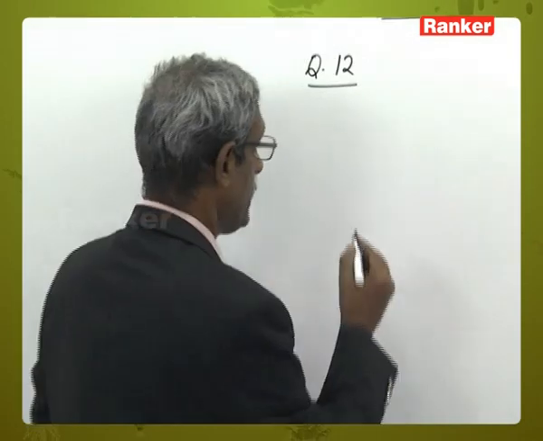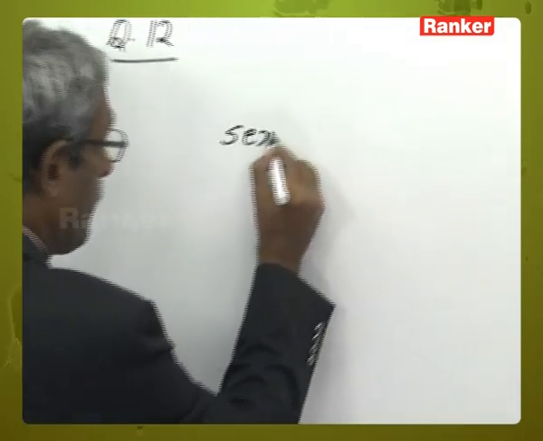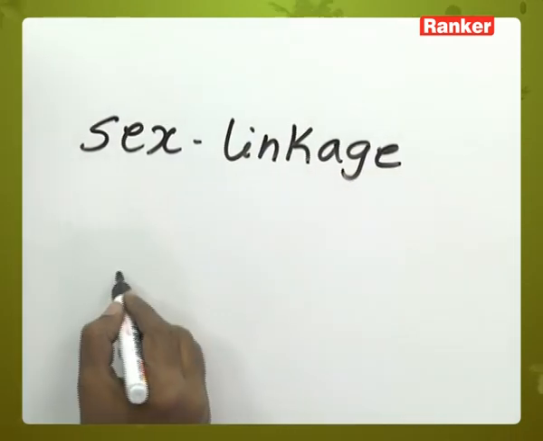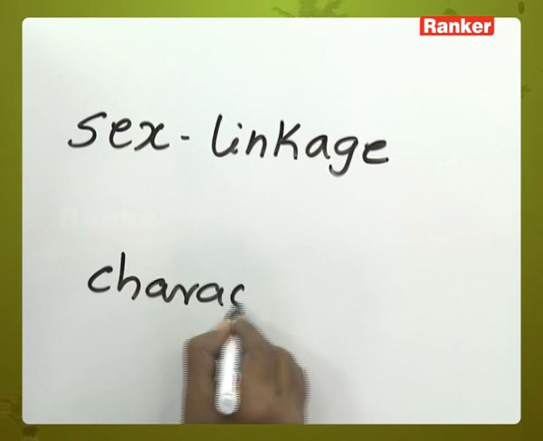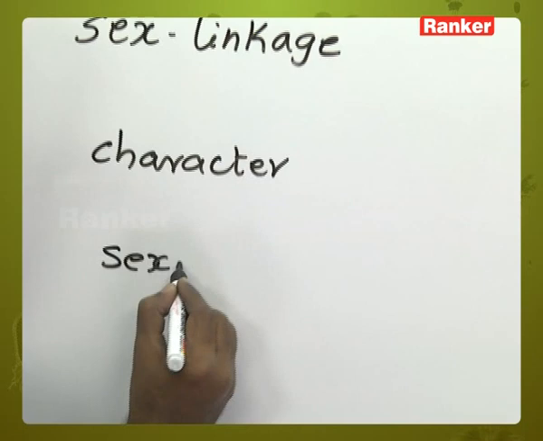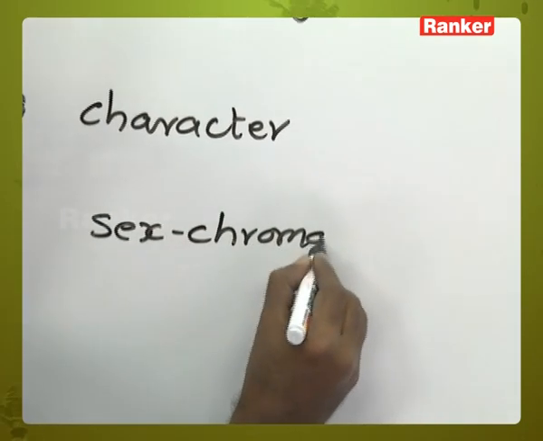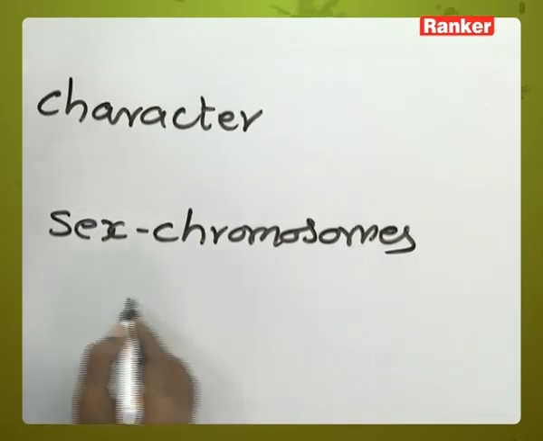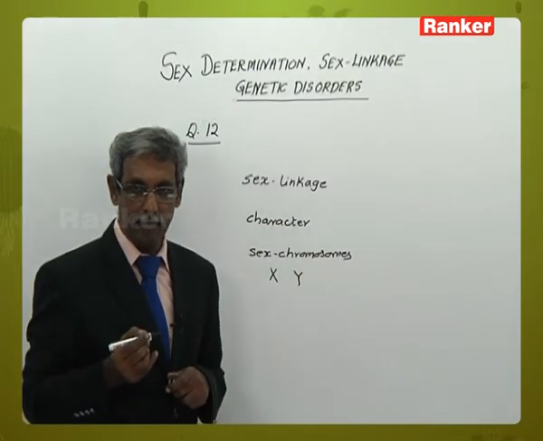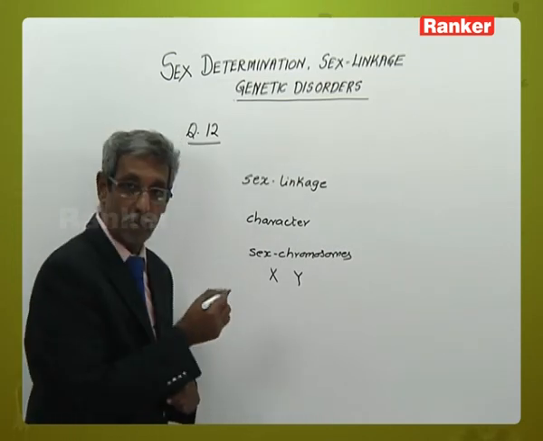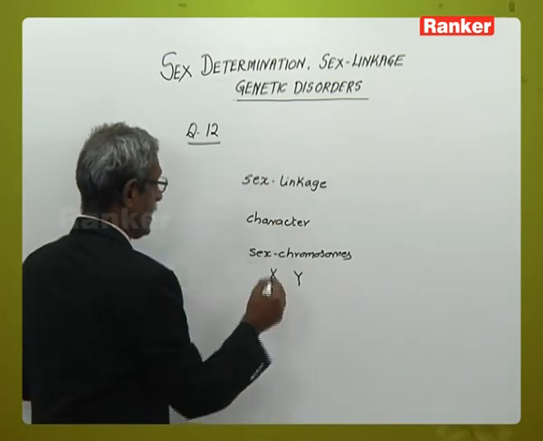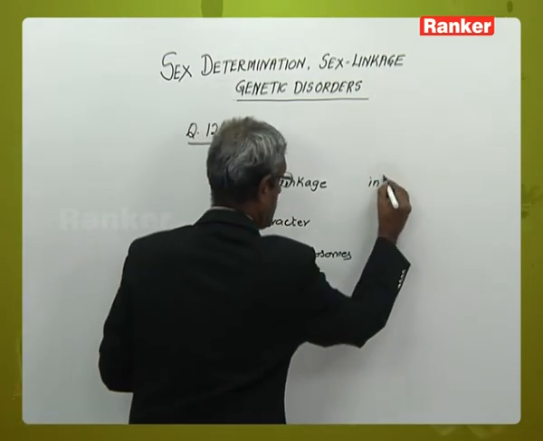Now whenever we are dealing with relation to sex linkage, it means a character is associated with the sex chromosomes, X or Y. It is not related to A, sexual physiology, because when we say sex linkage, we are dealing with relation to inheritance.